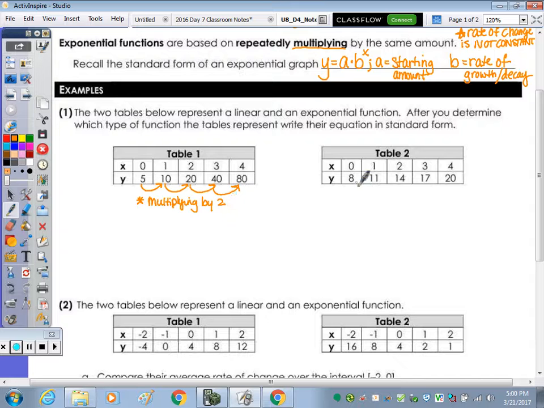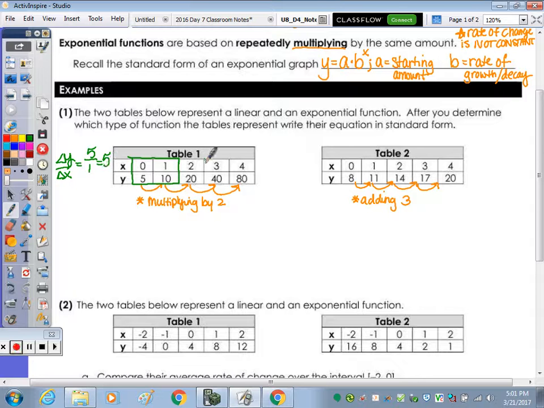Here, our y values from one to the next are increasing by 3. So we're adding 3 to our y values. If I take a look at these 2 points, and look at rate of change, so change of y over change of x, this increased by 5, from 5 to 10, over a change of 1, so I have a rate of change or a slope of 5.